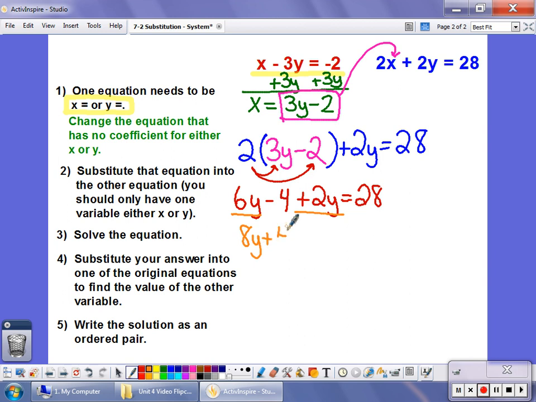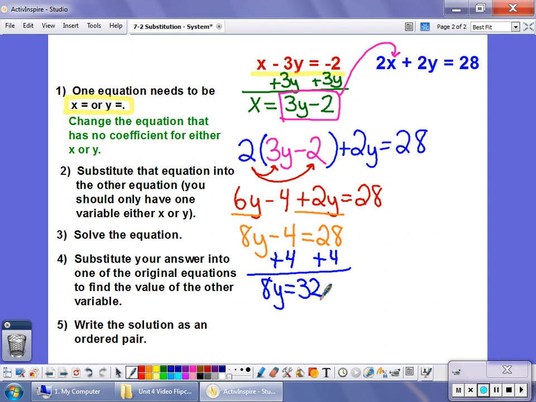Oops, not plus 4, sorry about that. 8y minus 4 equals 28. And again, it's time to get that y by itself, so I'm going to take this 4, add it to both sides. That leaves me with 8y equals 32. My last step is going to be to divide both sides by 8. And I find out that y equals 4.